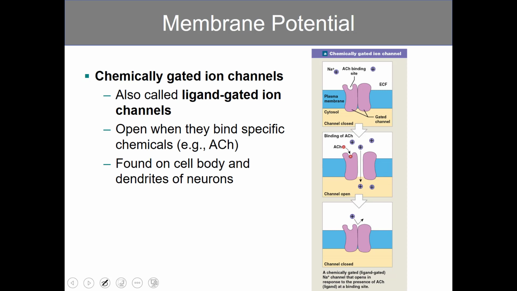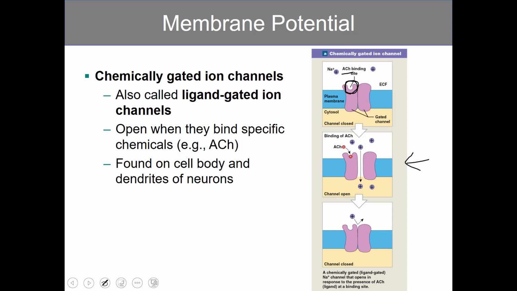Chemically gated ion channels require some type of key. Something is required to actually open the channel. If we look at this image, up here we see the channel in purple, and there is a binding site for ACh, and recall ACh is acetylcholine. So acetylcholine here is the key, and when acetylcholine binds its receptor, right here in the middle, we can see that that opens up that particular channel.